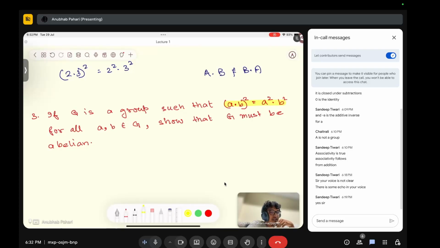Now I'll give you some time to think about this, and those who already know can give me a hint on how to approach this. Know that every element has an inverse, and that it is a unique inverse. So maybe you should use that.